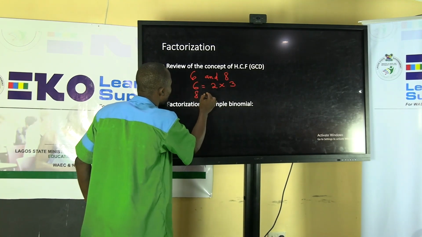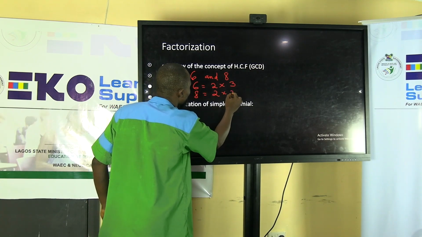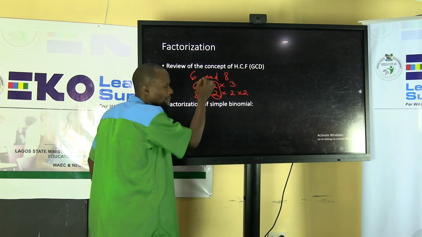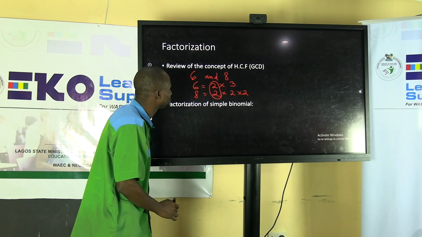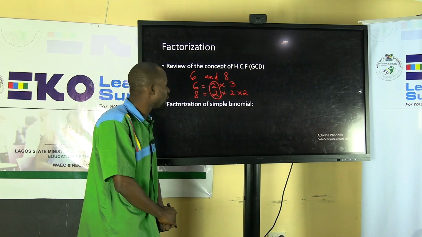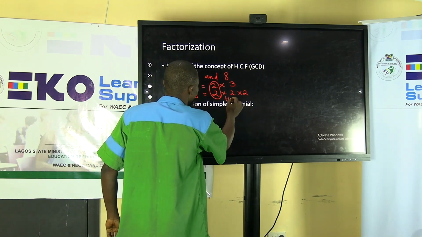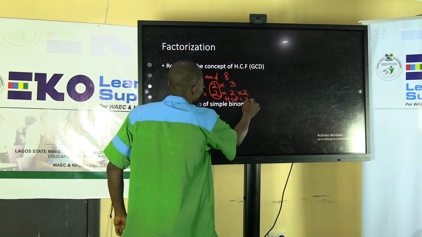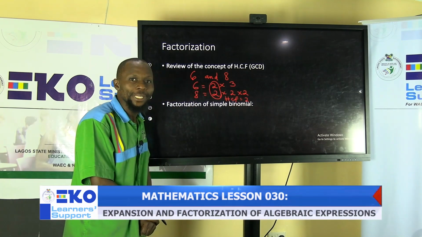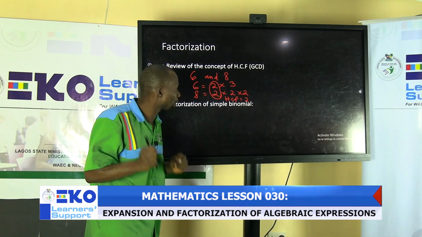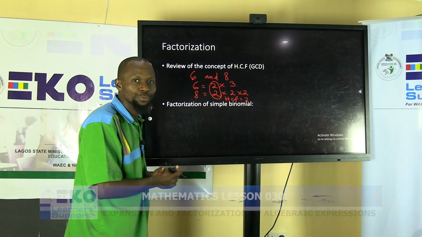Then for 8, we have 2 times 2 times 2. So in this case, we see 2 being common, and as a result, we say that the HCF is 2. In this journey, we'll also be looking at how we can use this method to factorize algebraic expressions.